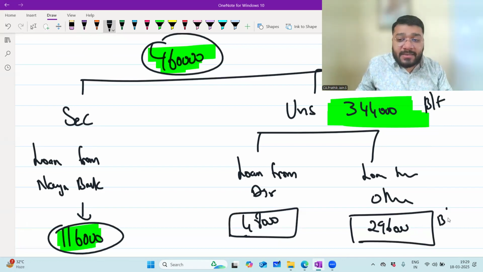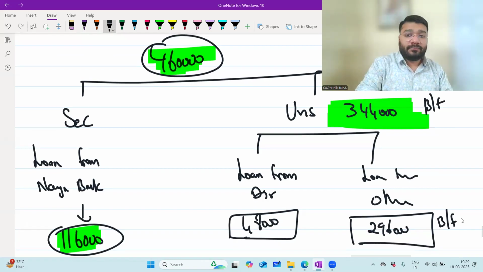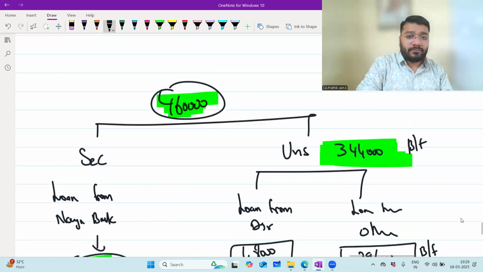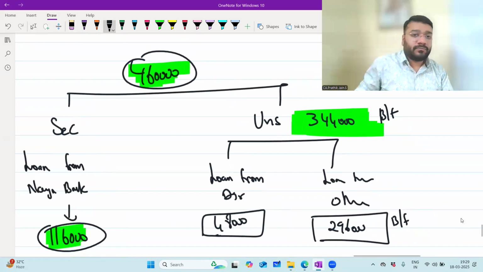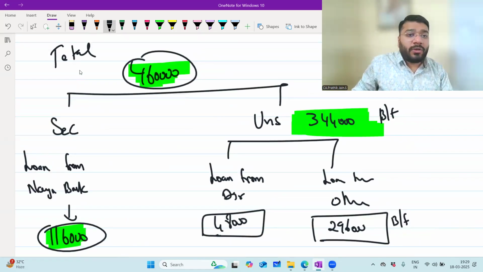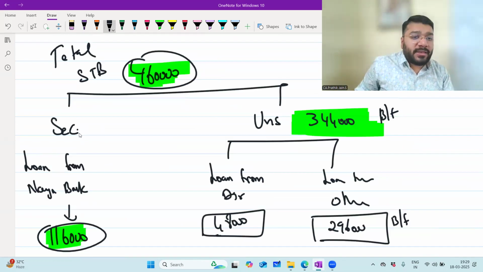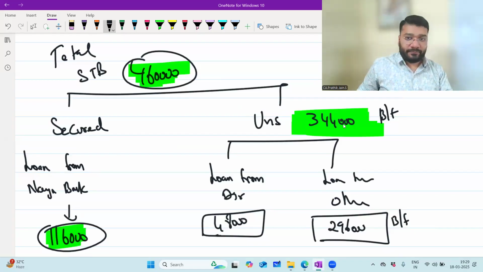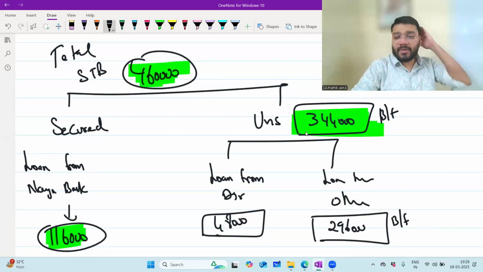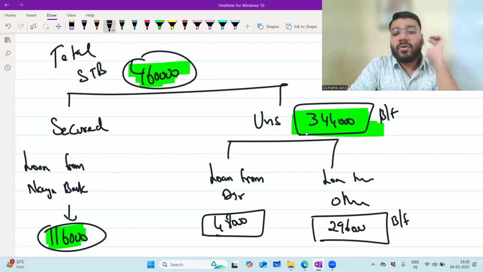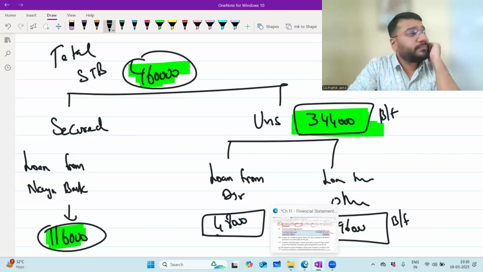So this is your balancing figure. Total short-term borrowing 4,60,000. This is secured, this is unsecured. Note on the chart, then we'll go to the question. Done?